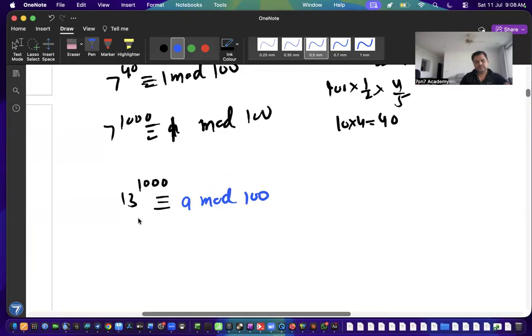It's just 1, right? How do you know it's 1? Because you apply the same rule you did below. You just do the totient function, and you get 13 raised to 40 again. Perfect, very nice.